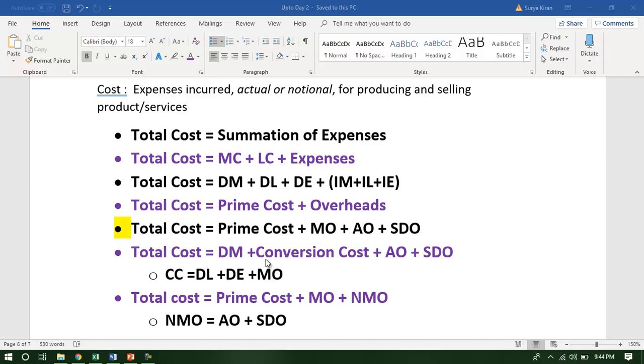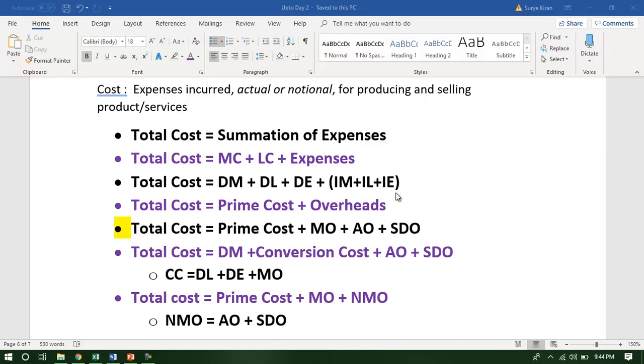That means the conversion cost, as the name itself suggests, is the expenses required to convert the direct material into finished product. So direct cost plus indirect cost is the total cost.